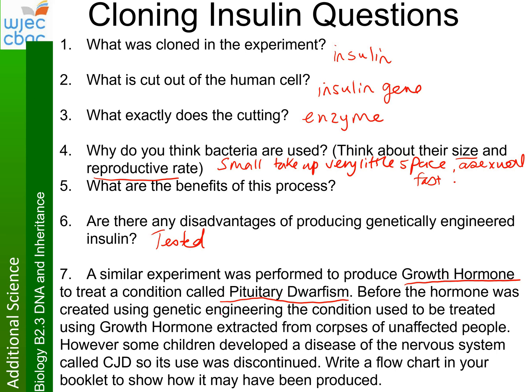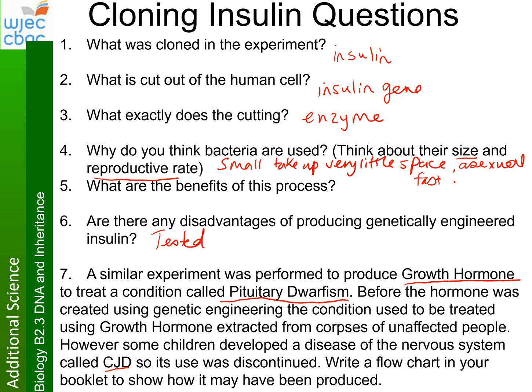Before the hormone was created using genetic engineering, the way people with pituitary dwarfism were treated was to extract growth hormone from the corpses of unaffected people by removing their pituitary gland and grinding it up, and using that to inject. However, some children developed a disease of the nervous system called Creutzfeldt-Jakob disease, CJD, so its use was discontinued.